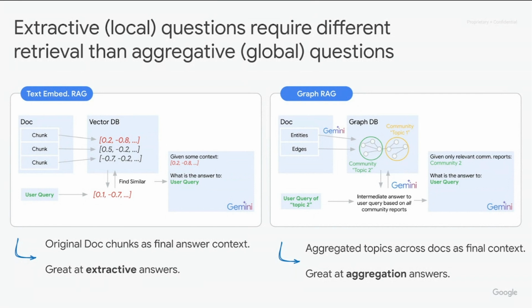Once query time comes in, you feed the query into your embedding model again and get a semantic representation of it. You match that to all the embeddings in your knowledge base, and the most similar ones are your context for the final answer that you send to Gemini in this case. Pretty simple, pretty efficient.